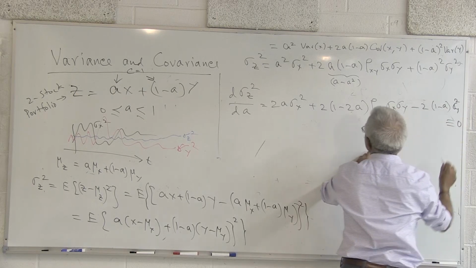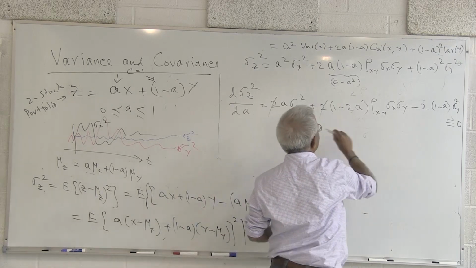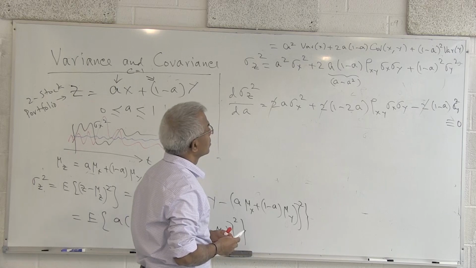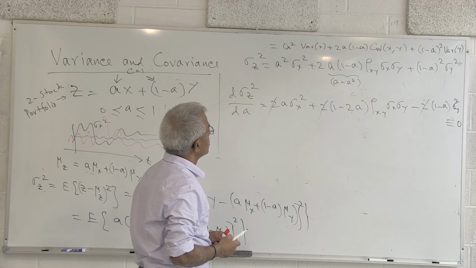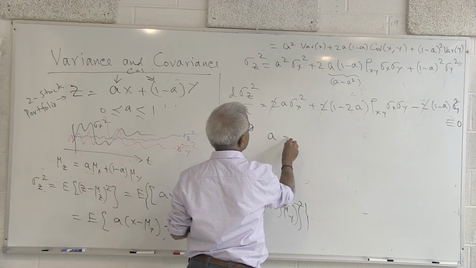This should be equal to 0. So notice that one set of 2 goes away. If you collect all the A terms, you can solve for A.